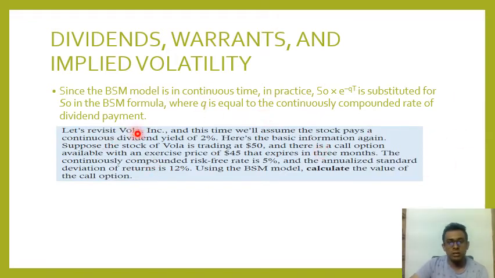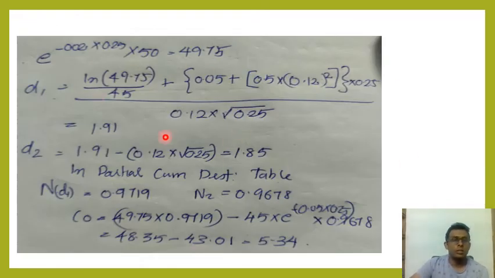Vola Incorporated pays a dividend yield of 2%, trading at 50, exercise price 45, 3 months period, 12% annualized volatility, risk-free rate 5%. Using BSM, calculate the value of the call option. So substituting d1 and d2 in the formula, d1: ln of S divided by X, then r again, r comes next, 0.05.